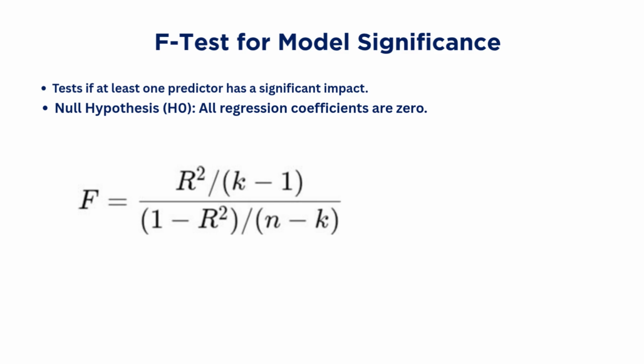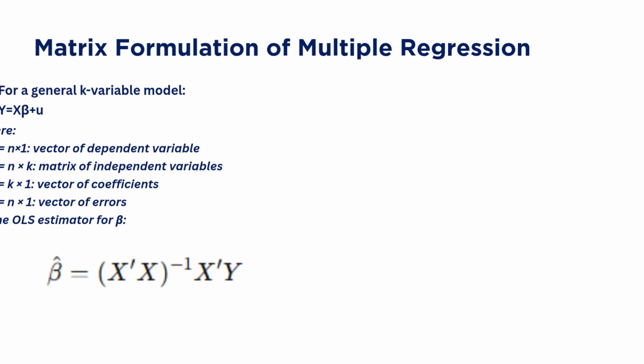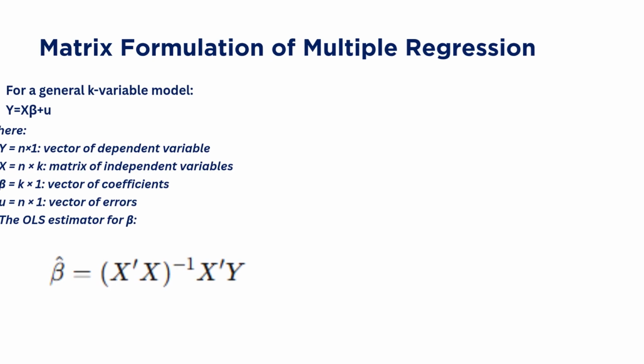We can write our null hypothesis H0: all regressor coefficients are 0, where F is equal to R square divided by (k minus 1), divided by (1 minus R square) divided by (n minus k). Now we can move to our next topic, which is the matrix formula of multiple regression.